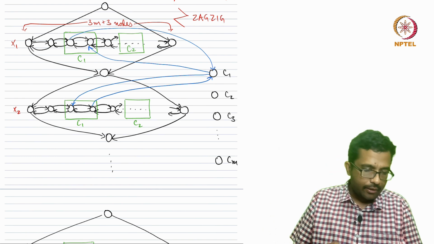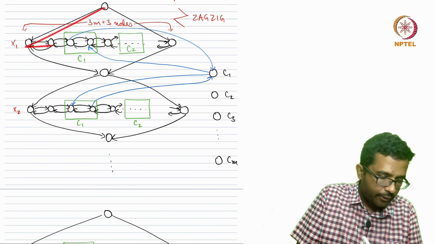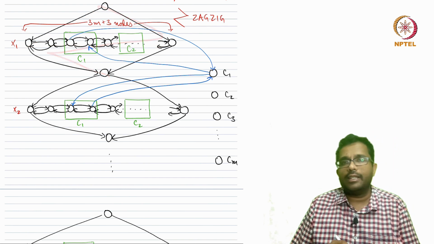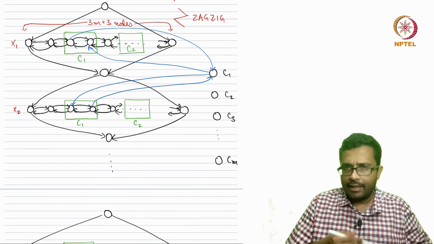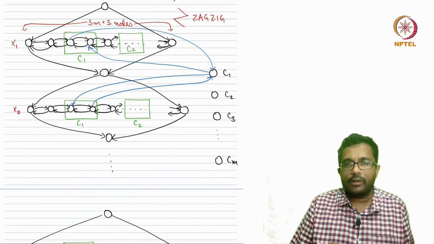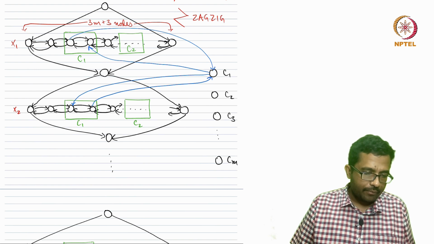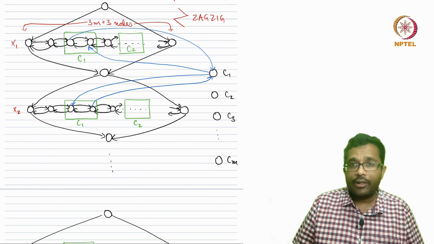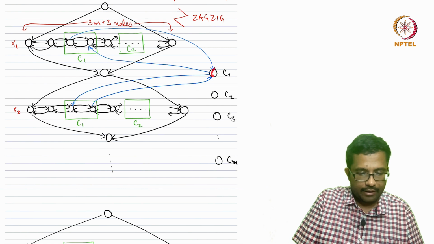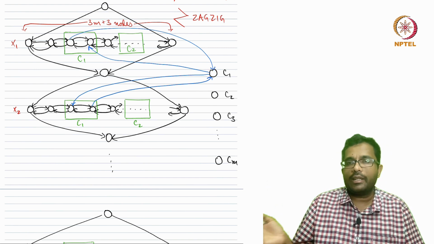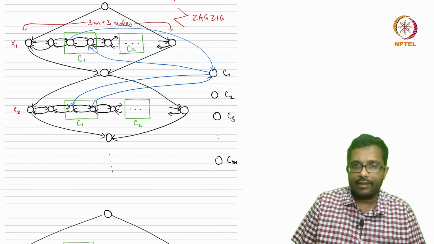In this case, you just do this. If a variable is zigzagging one way, we set that variable to true. If a variable is zigzagging the other way, we set that variable to false. And by the same argument that I just made for the forward direction, because we cover all the clause vertices, this implies that we can only cover the clause vertex if we are moving in the correct direction.